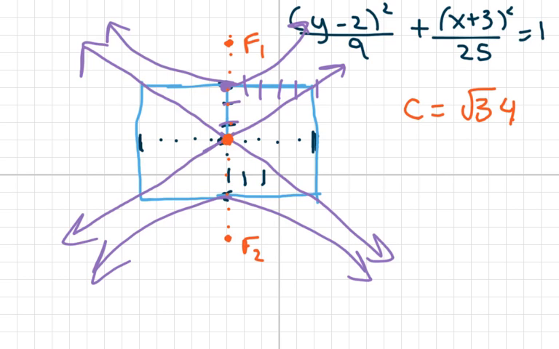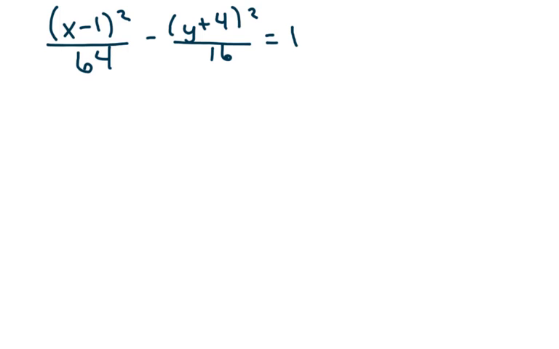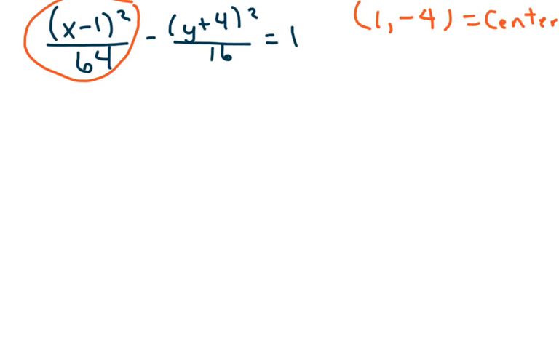Okay, let's do one more where the x starts first. So my center is 1, -4. And I'll go ahead and do vertices now. Since my x starts first, I'm adding to the x plus something, but I'm keeping the y.